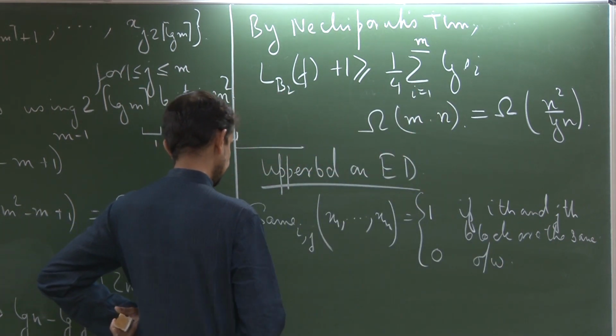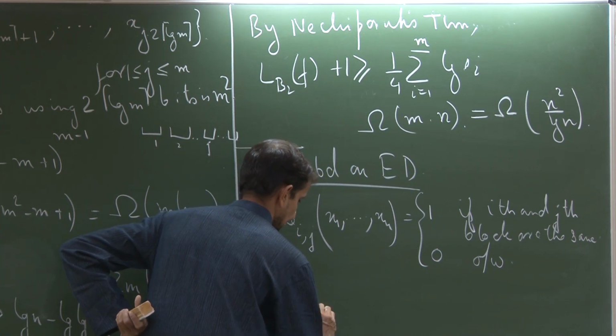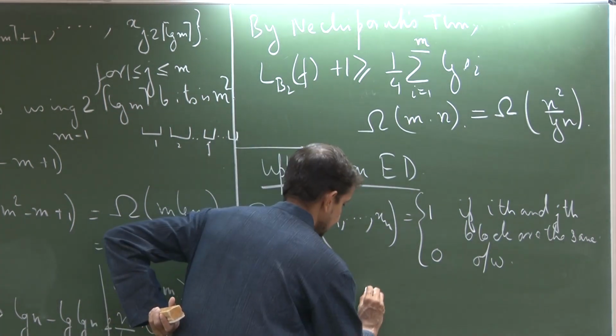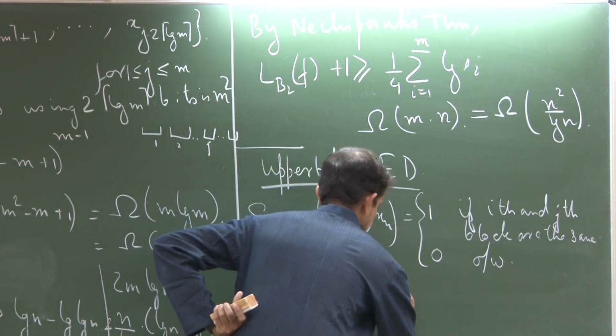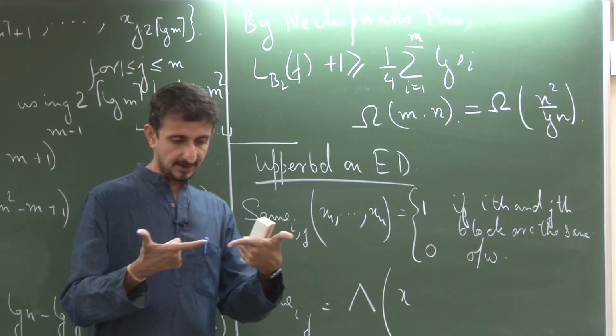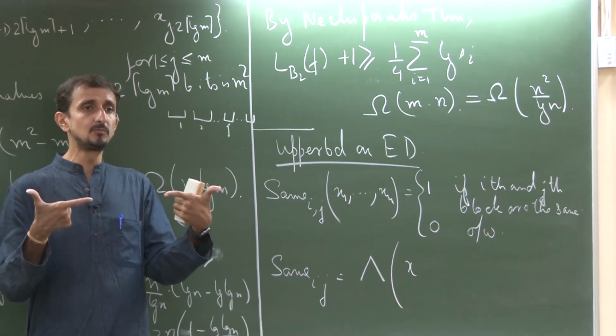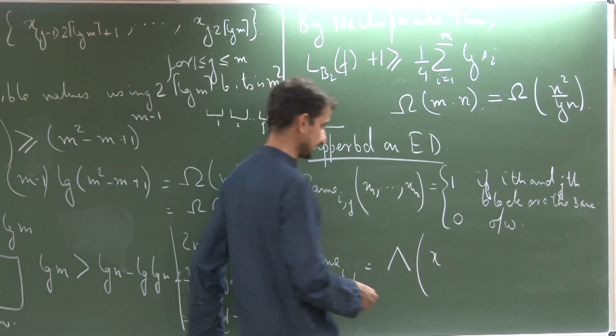So how can we define this function? What do I mean when I say that these two blocks are the same? It means that each and every bit in those two blocks has to be the same.